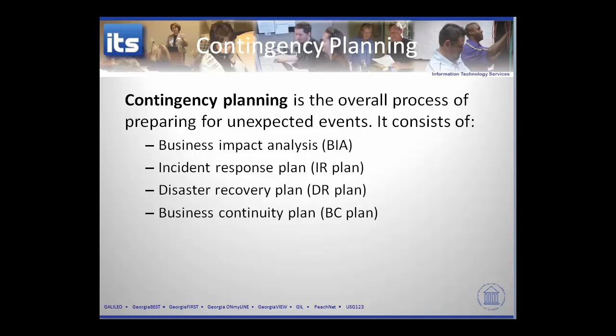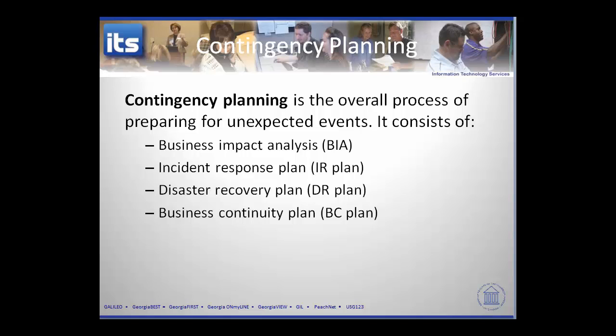So again, we're looking at contingency planning. We're going to spend some time doing a business impact analysis, looking at incident response plans, disaster recovery plans, business continuity plans. I would tell you that these flow down. You typically don't start with a business continuity plan. You start with business impact analysis. After you've solved that, for the most probable threats, you move into incident response.